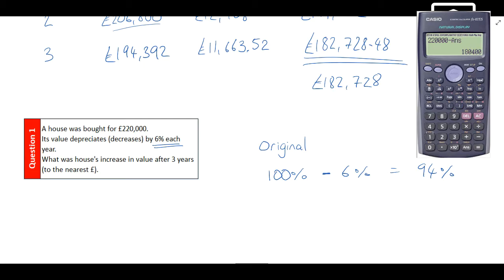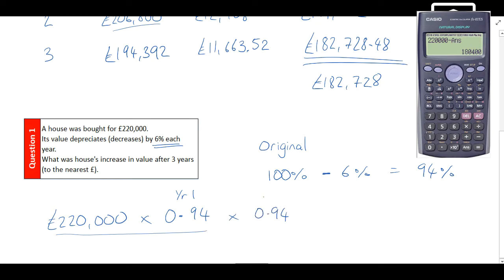So if I start by just doing 220,000 and I multiply it by 0.94, that's going to tell me how much my house is worth at the end of the first year. Now whatever the answer is to this, if I then multiply it by 0.94 again, that's going to tell me what it's worth at the end of the second year.